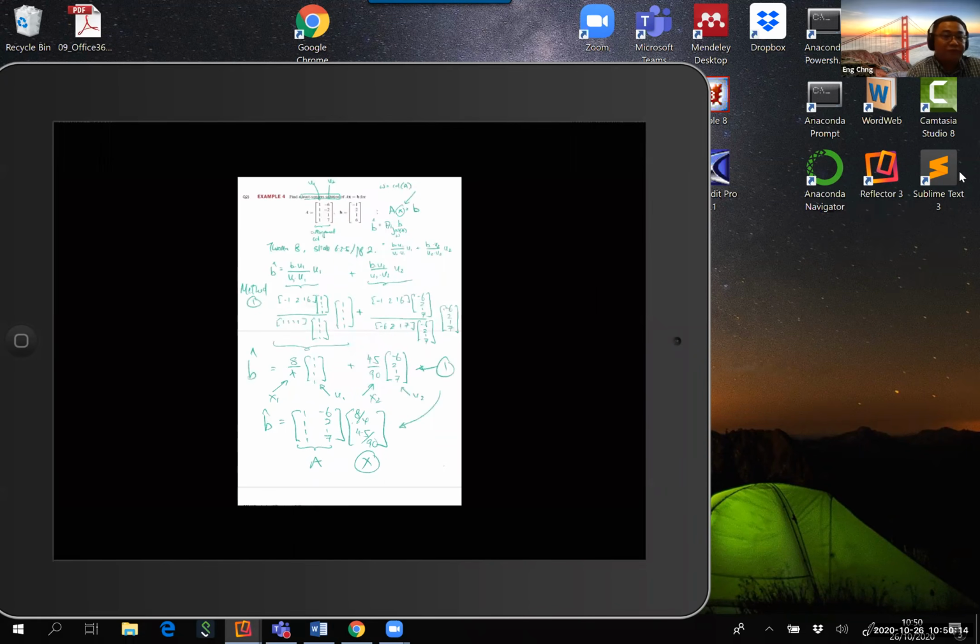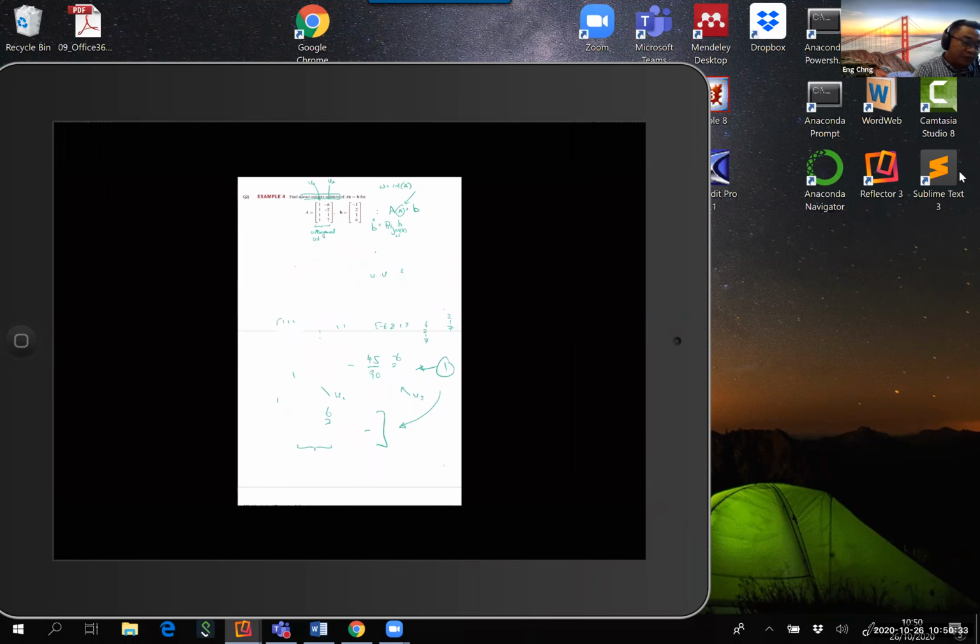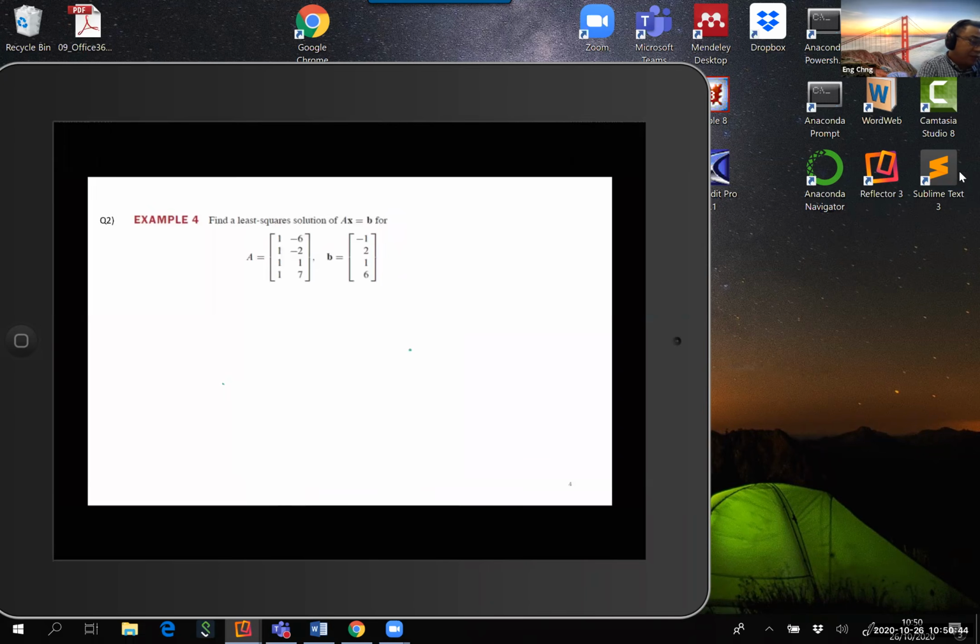If you're not convinced, then we should actually use the least square solutions to solve the exact same problem. So I'll just highlight what we should have done if we didn't use this theorem, because let's say we have forgotten about this theorem, or we have forgotten to check that actually the first column is orthogonal to the second column. So we then go along this question, and then what do we do? Well, we would have just done this. Let's start with this.